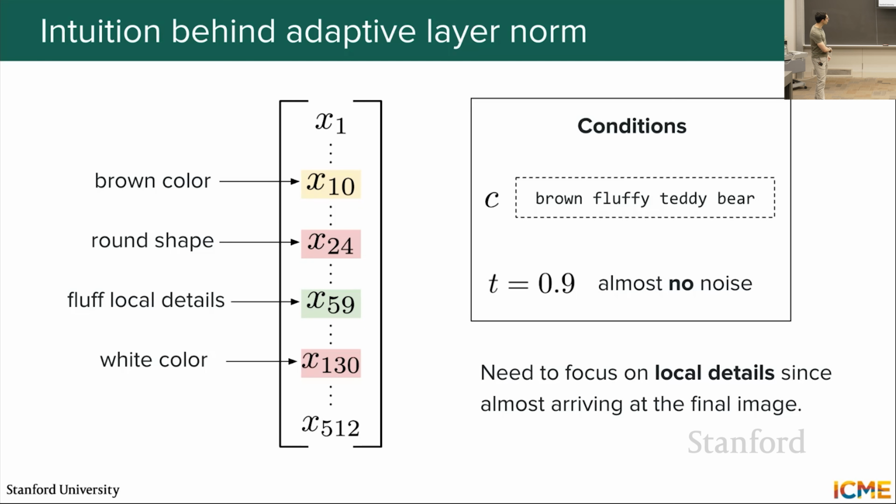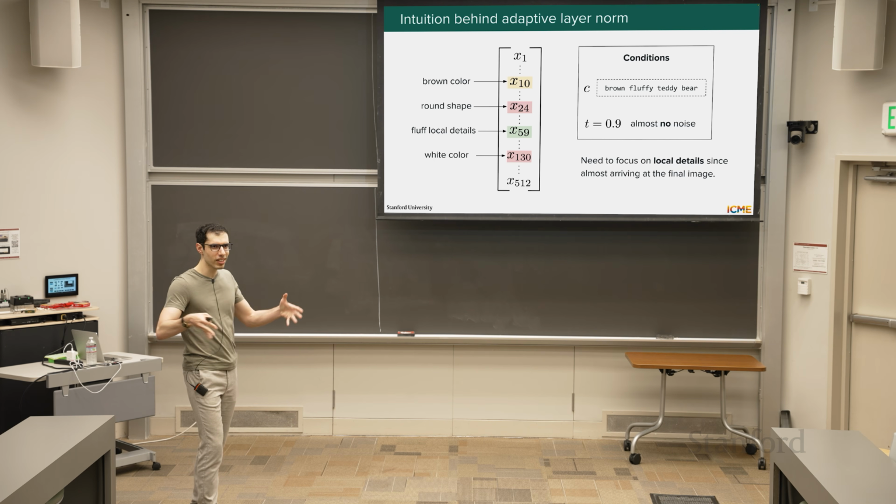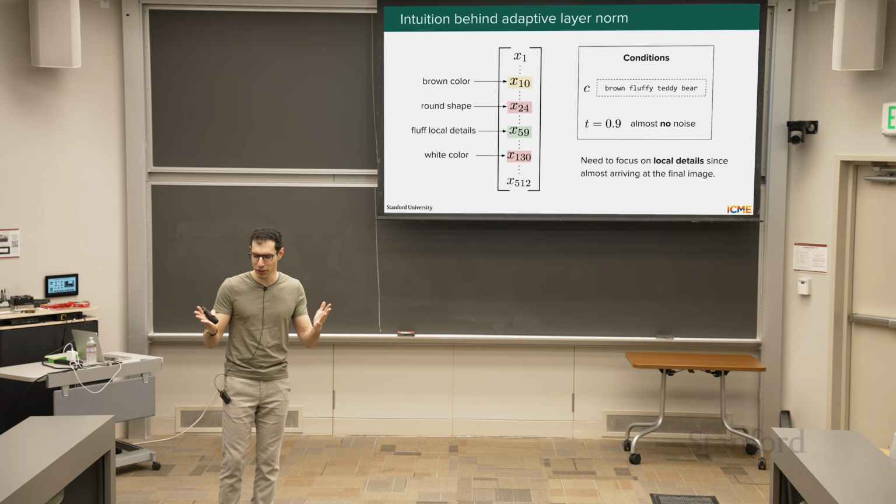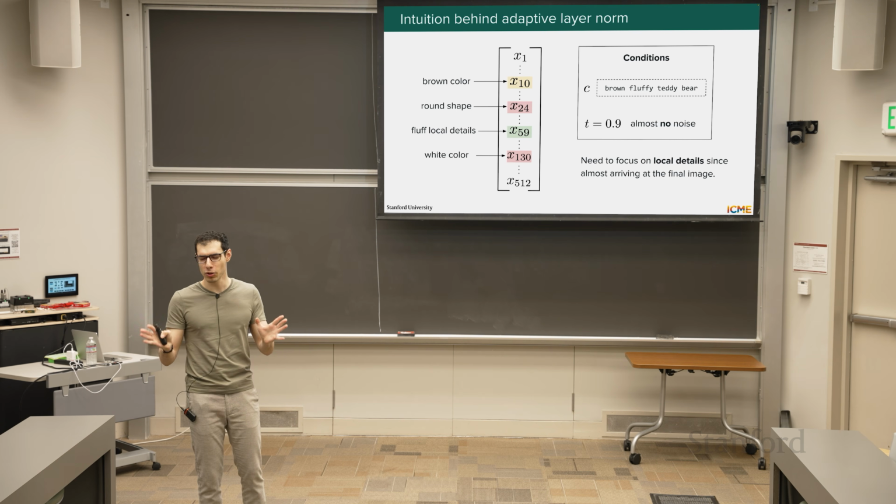Now let's suppose you have the same condition as input, but now you're at the more advanced stage in your generation process. Now t equals 0.9, which corresponds to almost no noise in your input image. So here you may wonder, okay, now the input is already quite figured out in terms of global structure.